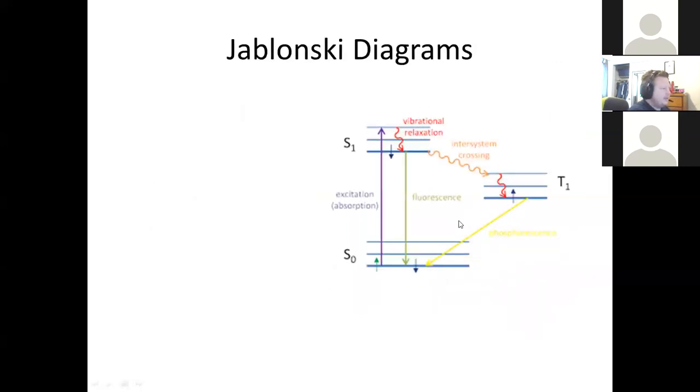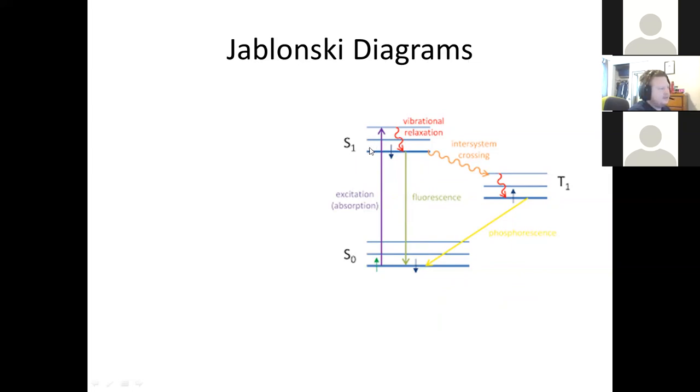So when we think about the different kinds of transitions, we use these things called Jablonski diagrams. They're all over in Harris, the textbook you use, specifically in the spectroscopy chapters. In general, these are the most common types, going from S0, a singlet ground electronic state.